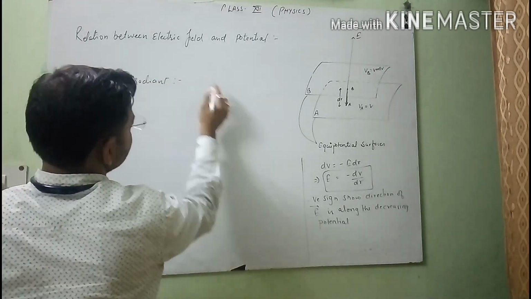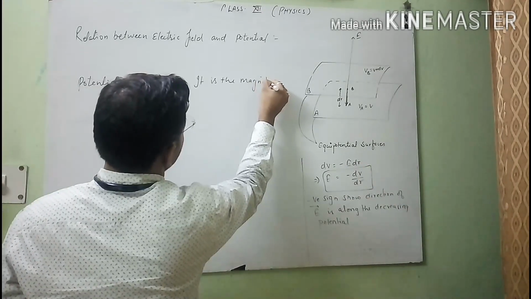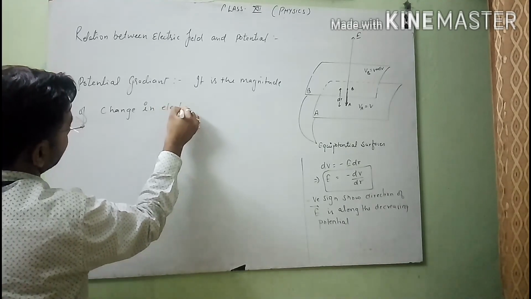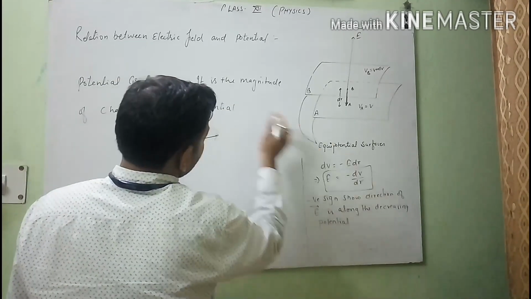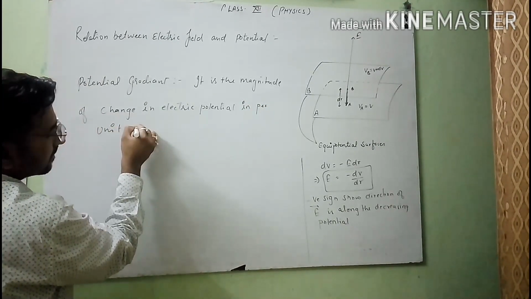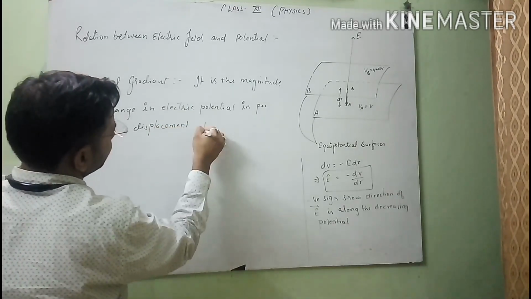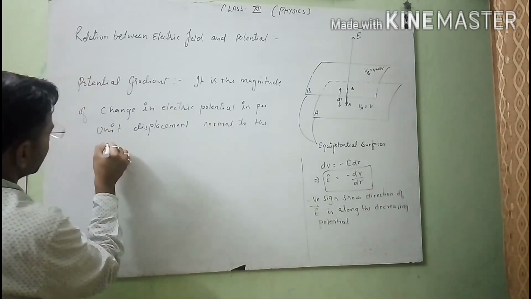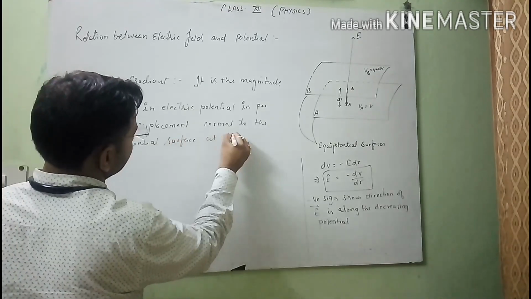Potential gradient means the magnitude of the change in electric potential per unit displacement perpendicular, or you can say normal, to the equipotential surface at the point.